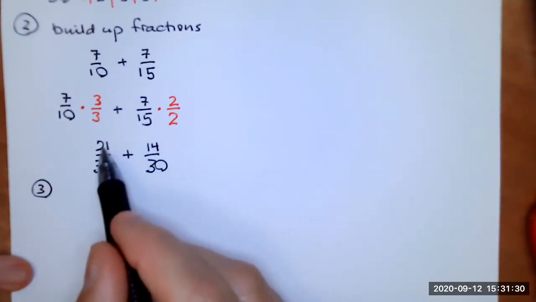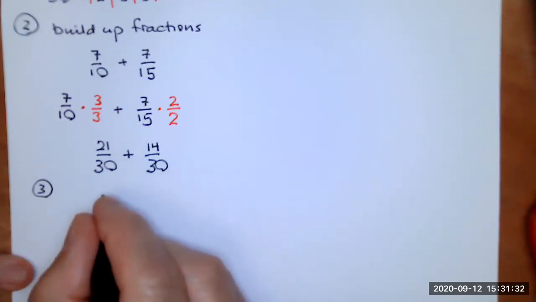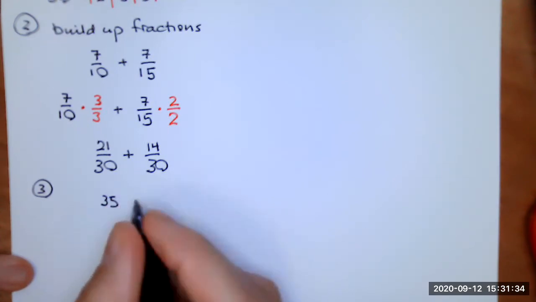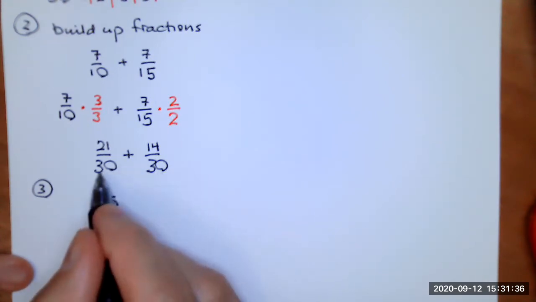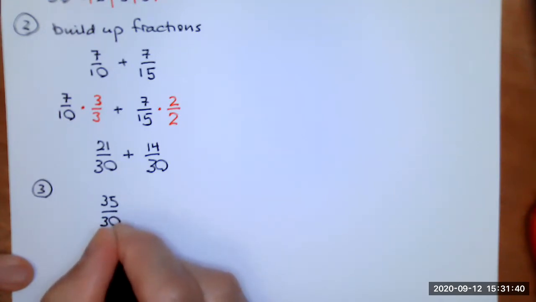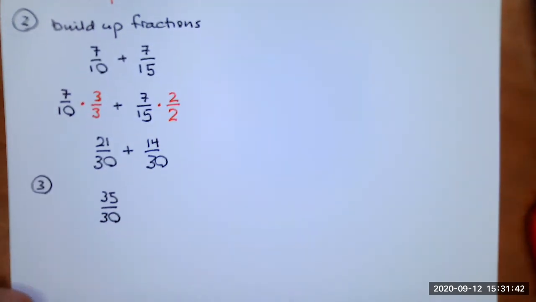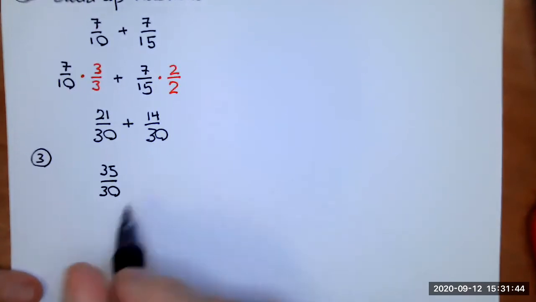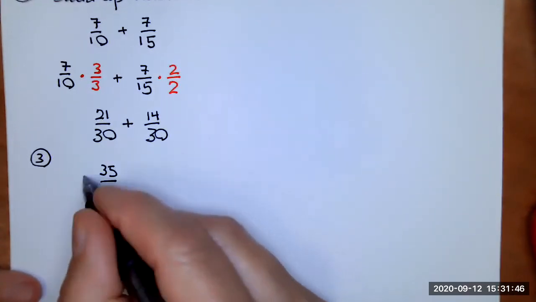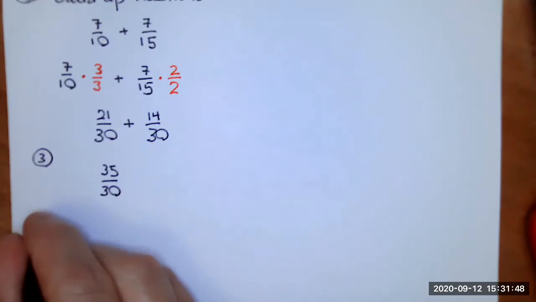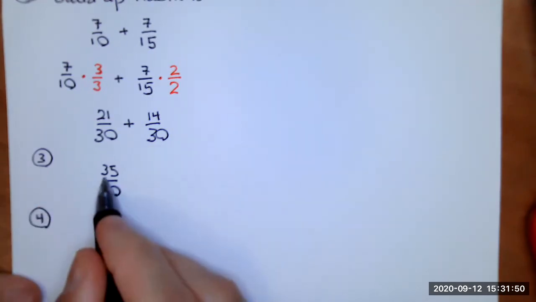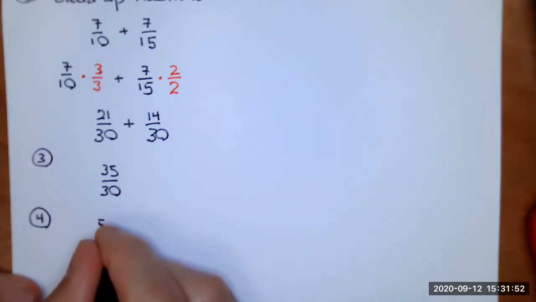Then we add the numerators. The denominators stay the same. And then always check and see if your fraction can be reduced. And it can. That's 5 times 7.